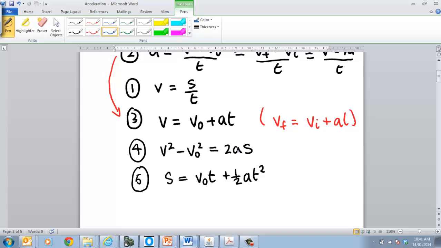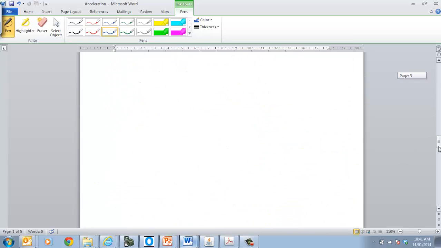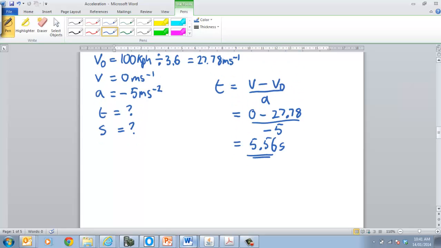Now, I'm probably more likely to use this formula here, number 4, because number 5 uses this value t, which I actually don't know if I've done correct. So if I use something which I've done and I've made a mistake, I won't penalise you, but it's probably better to use something where you know the values are correct.